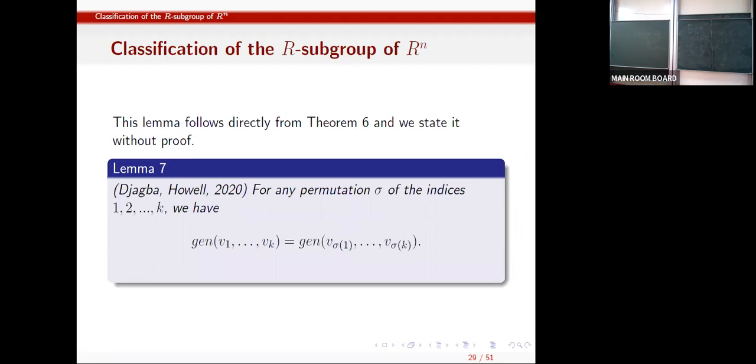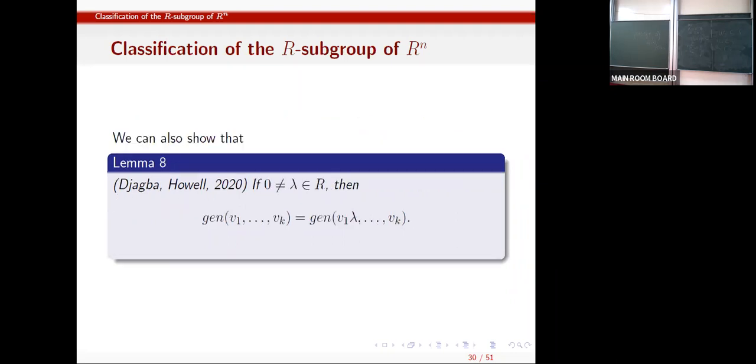Another result is that when we permute all the vectors, the gen is unchanged. If we permute the vectors, the gen is unchanged, like we have for a spanning set. If we multiply V by a scalar, the gen is unchanged. So the idea is that we want to check the property for span.